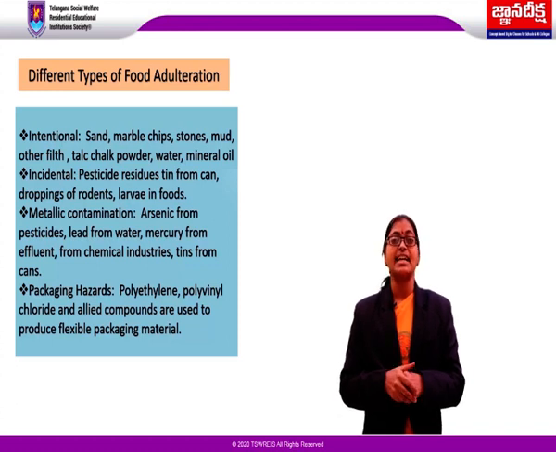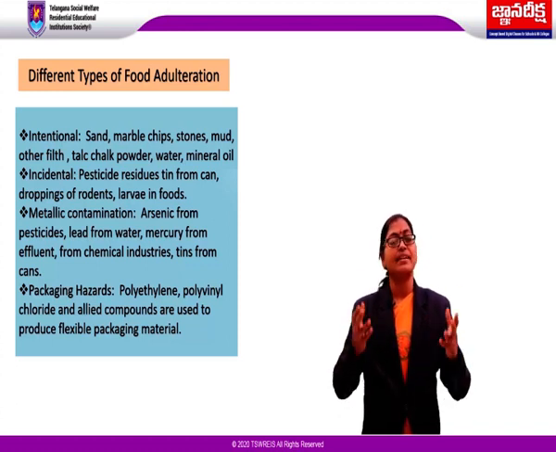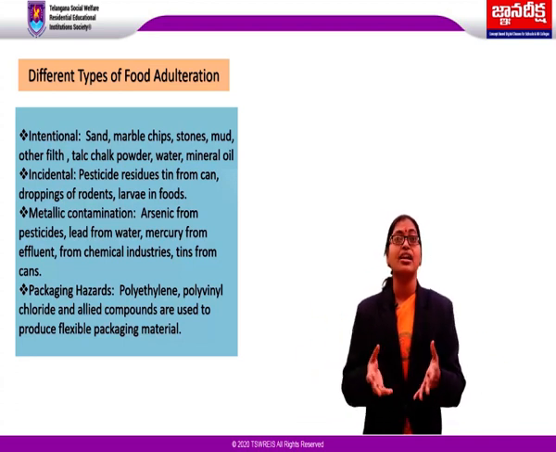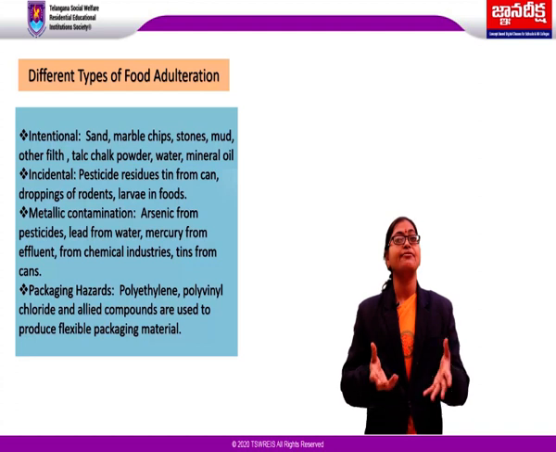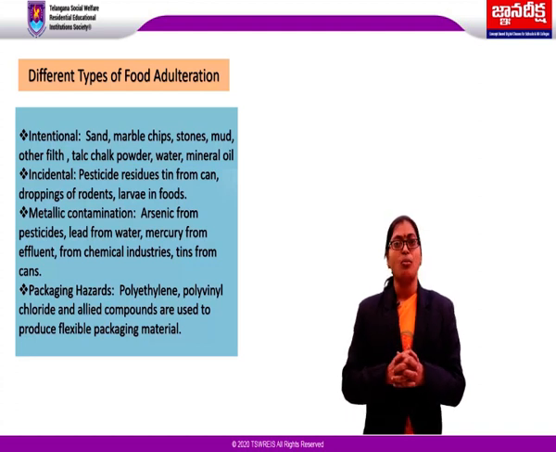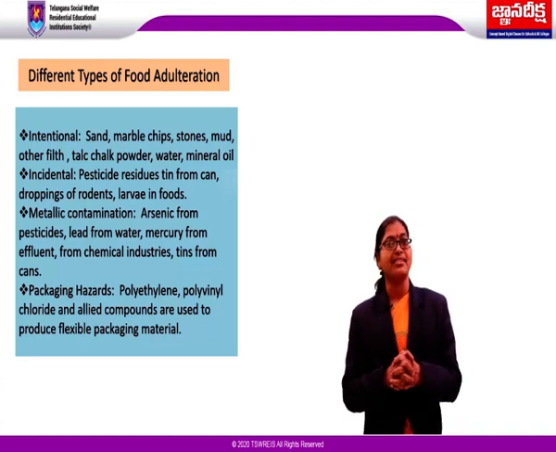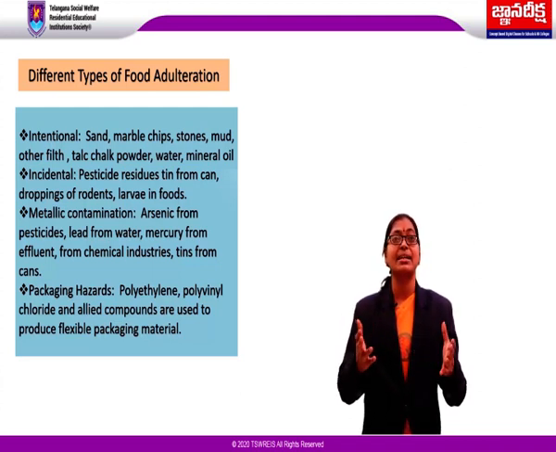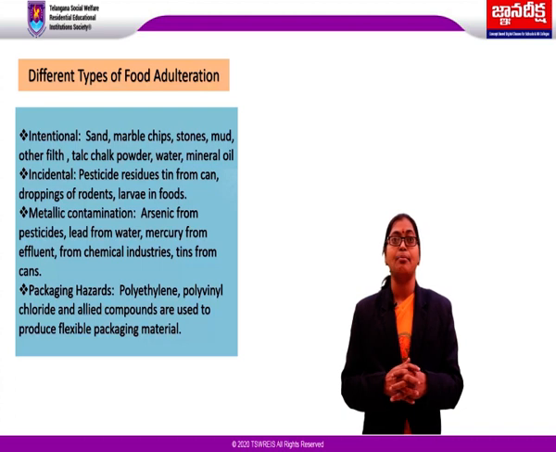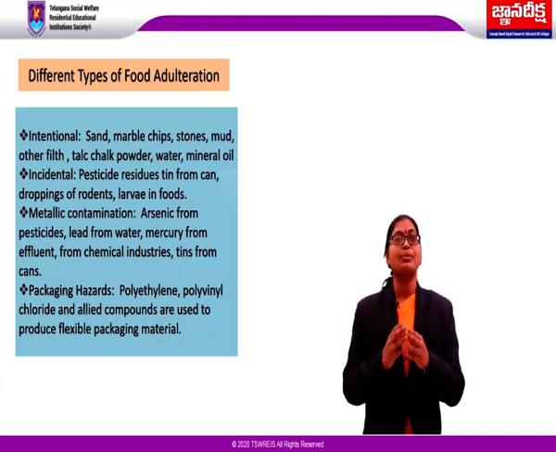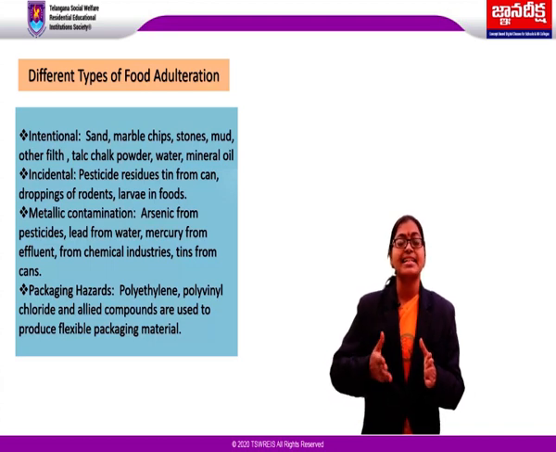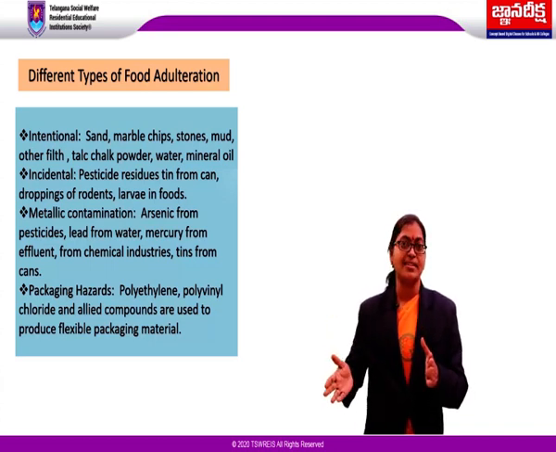But unfortunately, presently in our society, some of the vendors and even consumers are using polythene covers to carry food substances. So what is the problem going to happen? Because polythene covers are prepared from certain chemicals like polyethylene and polyvinyl chloride. These are very dangerous chemicals which are used in the manufacturing of flexible packaging materials.